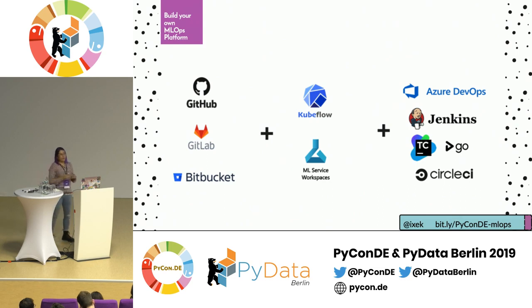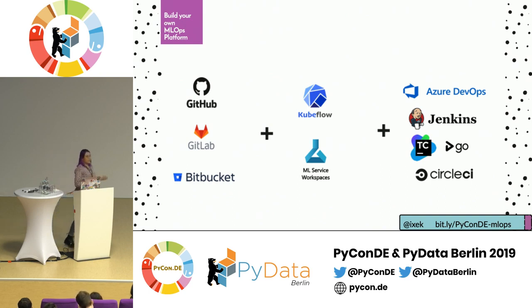The beauty of open source and the beauty of having things in the cloud is that you can start building your machine learning ops or your MLOps platform with what you're already using. You don't need to start integrating new tools. So you can start if you have your code on GitHub or GitLab or Bitbucket, that's fine. That's a good start.